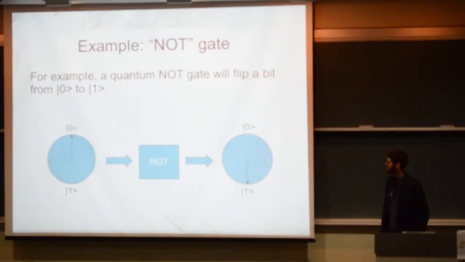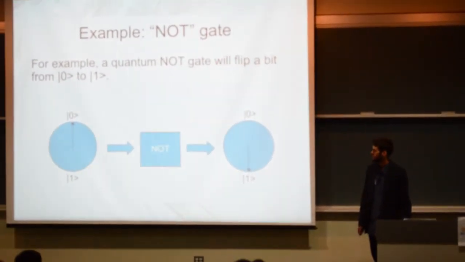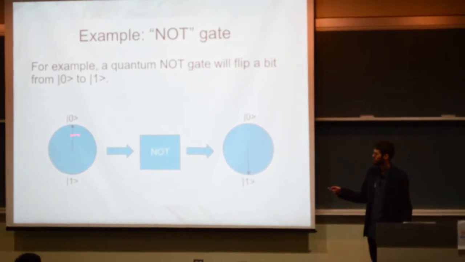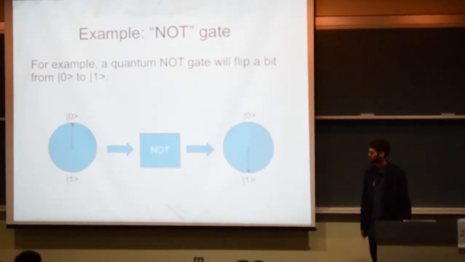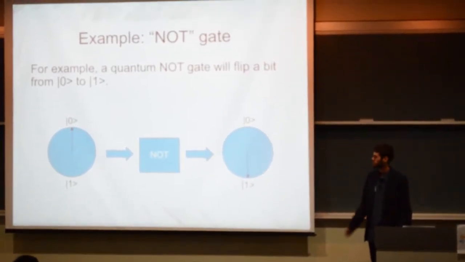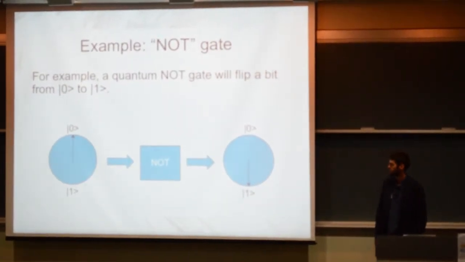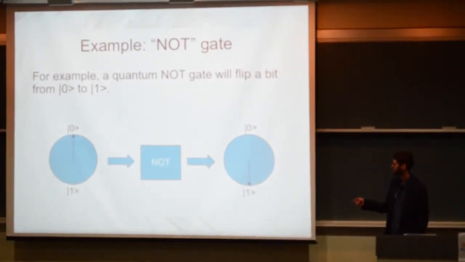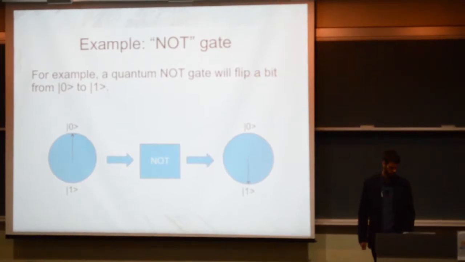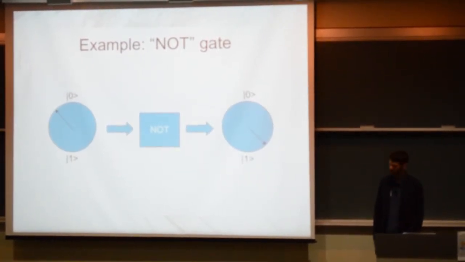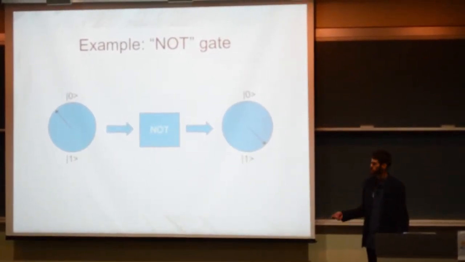And so here's an example of a quantum NOT gate. If you give it a qubit in the initial state 0, and you put it through this gate, then it will end up in the state 1. A NOT gate can be given a superposition state.